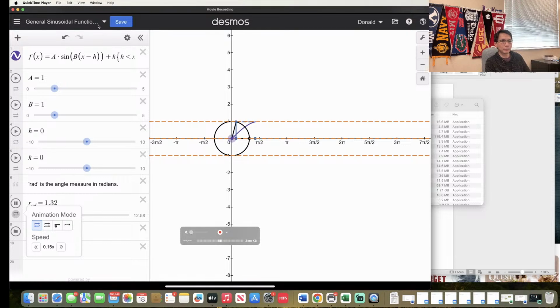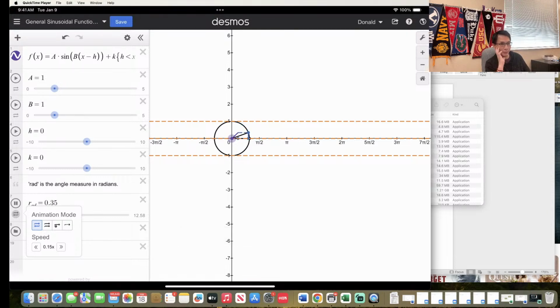Okay, so there are two things that happen. One is, do you realize that's based on the unit circle? Do you see that's a circle? The y value of the circle is based on the height. According to the AP exam, it's the vertical displacement away from the x-axis.